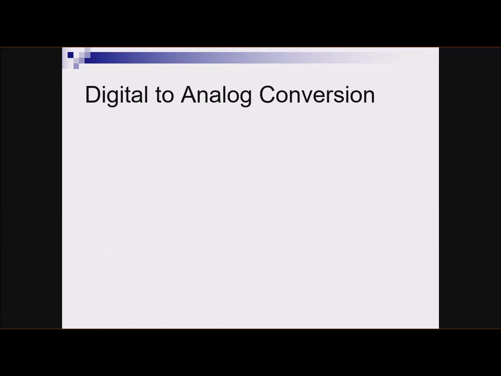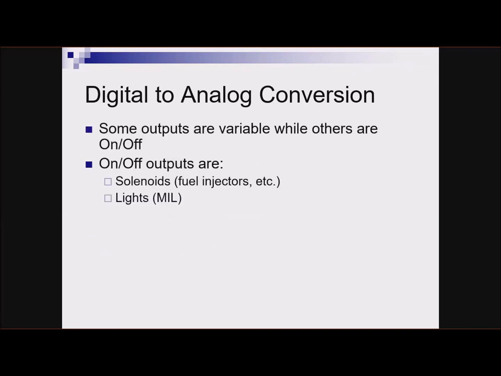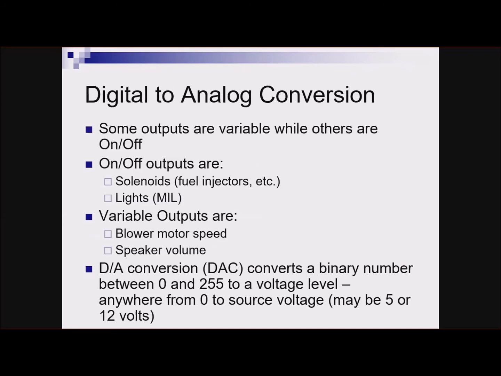And on the output side, we've got digital to analog conversion, and that might be something like the brightness of a light or the speed of a fan or something. I talked about that. Computers talk digital, and not everything on the outside works digitally. Think about the volume on your computer speakers, right?